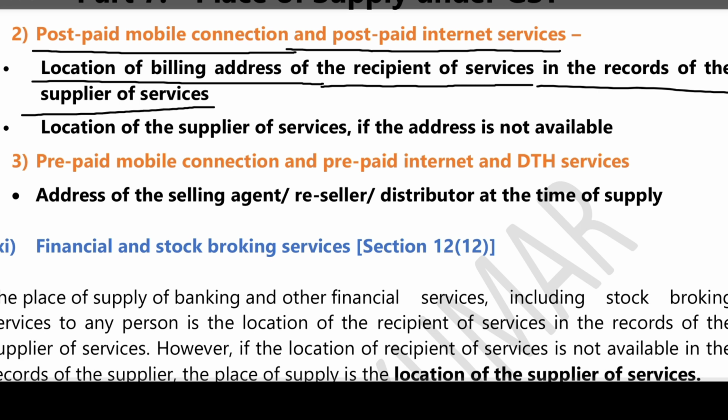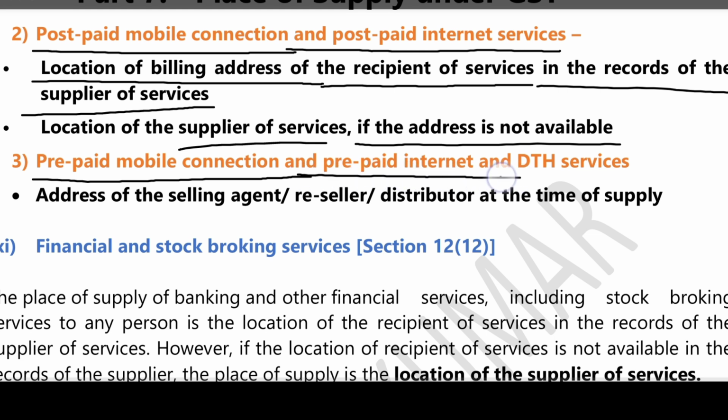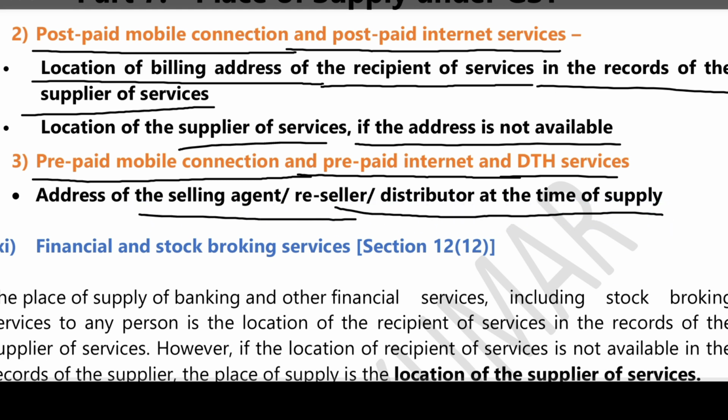And if the address is not available, the location of the supplier of service will be the place of supply. And in case of prepaid mobile connection, prepaid internet and DTH services, in such cases the address of the selling agent, reseller or distributor at the time of supply will be the place of supply.